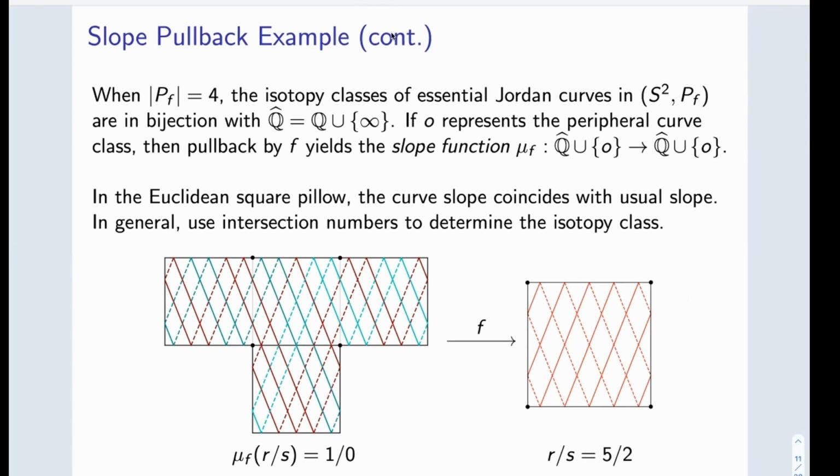But this isn't how we count the numerator and denominator of these slope classes that I'm interested in. The correct way to associate one of these curves to a particular slope is to look at intersection numbers.